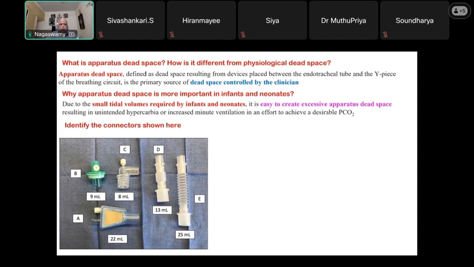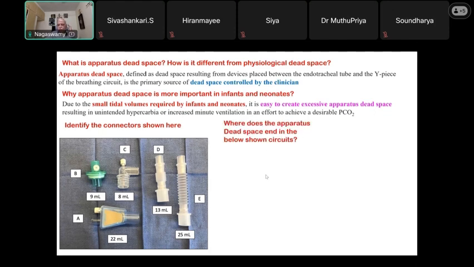So when you keep it in the collapsed position, the apparatus dead space is only 13 ml. If you expand it, it becomes 25 ml. So these are all the various connectors which can be avoided, and you can directly connect to the ET tube. Then you can reduce this much of tidal volume loss, especially in neonates.